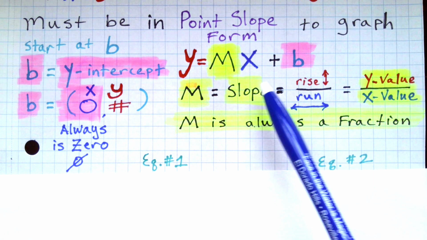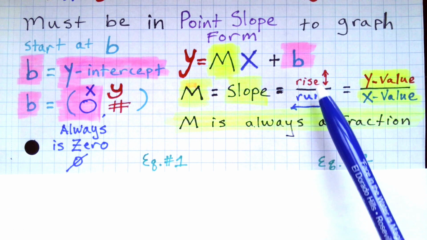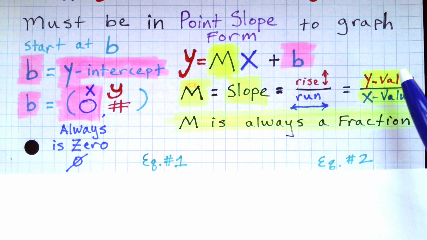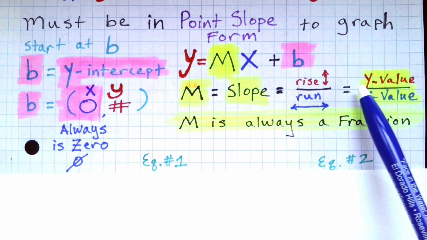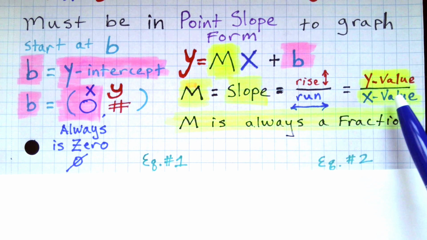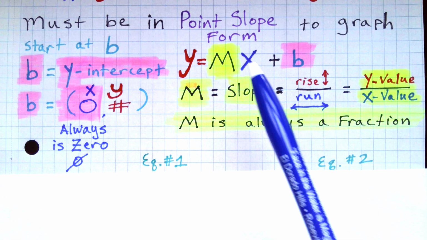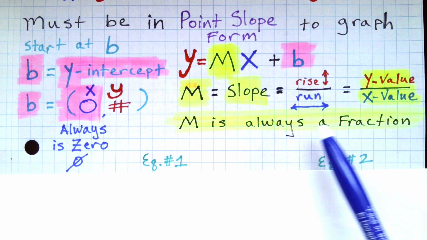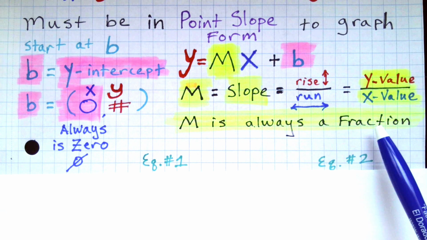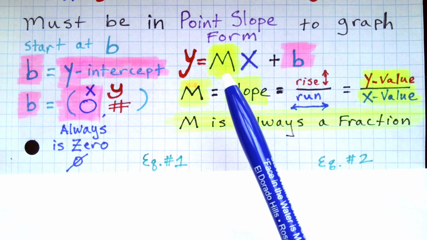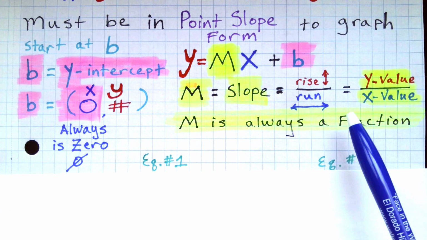M is a slope, and it's always rise over run, or a y value, up and down the y-axis of a graph, over the x value, the left to the right values on the graph. M will always be a fraction, even if that denominator or the x value is an invisible 1.